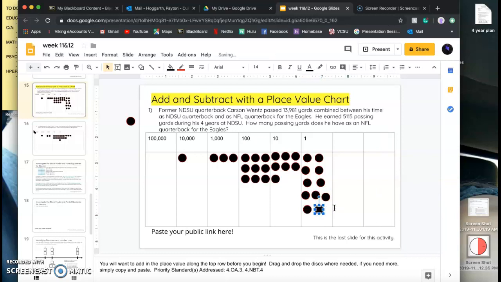So right now I have 11 ones, 7 tens, 9 100s, 3 1,000s, and 1 10,000s. Okay? So now I can take 5 out of the ones. 1, 2, 3, 4, 5.